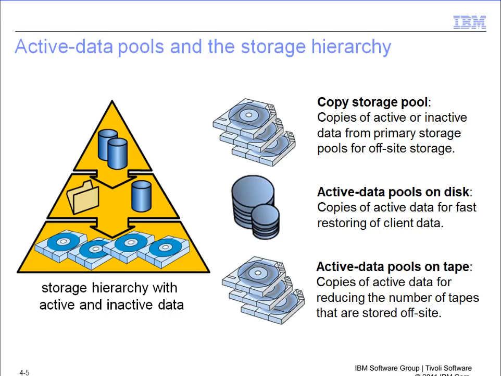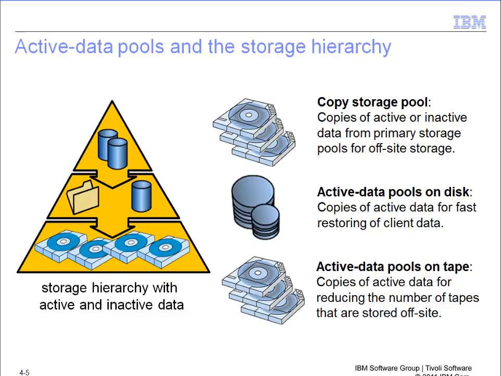In addition to primary storage pools, we have copy storage pools. Copy storage pools are backups of your primary storage pool. Why do we have copy pools? Media can go bad. You can lose copies in your primary storage pool. If you have a copy pool, you can rebuild it.